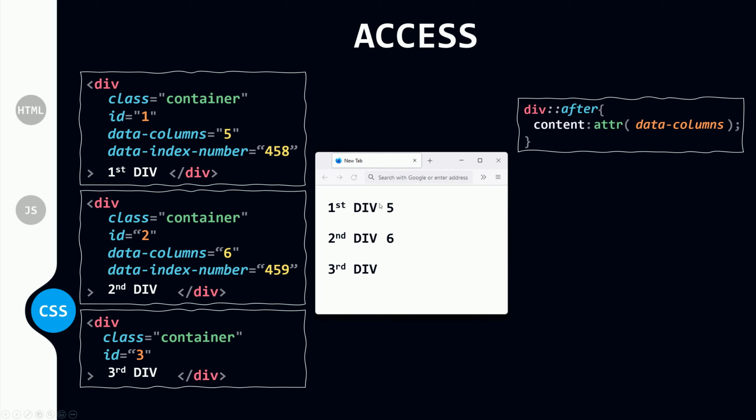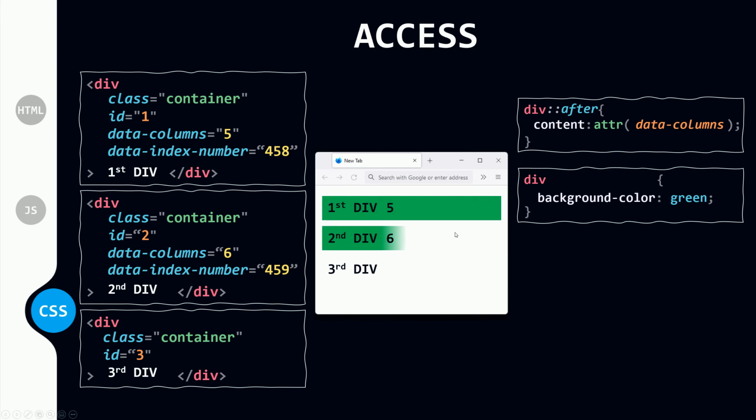Now you can also select your elements using these data attributes. If I say here background color is green and then select div, all the divs in my web page will now have a background color set to green. But if I use the attribute selector, some square brackets, and then my data-columns, which is a custom attribute, now only the divs that have that custom attribute data-columns will have the background color set to green.